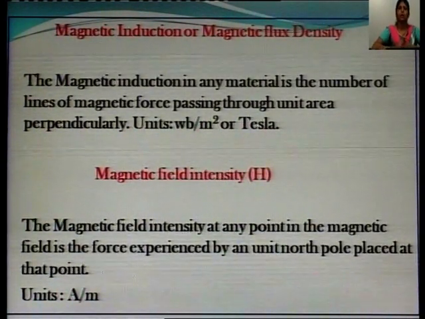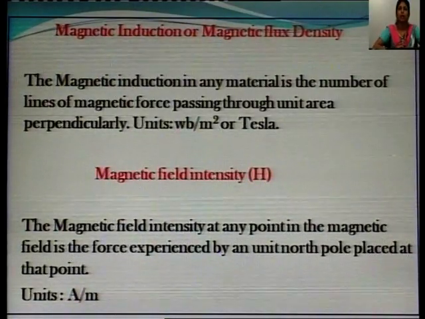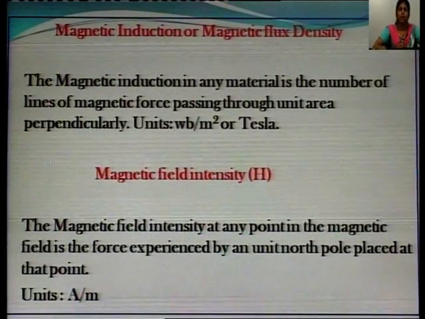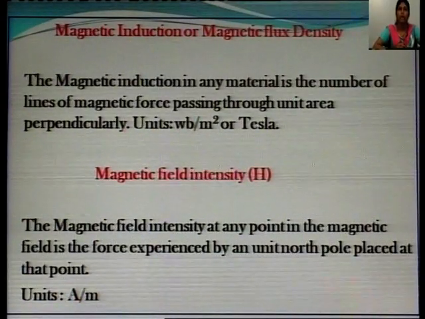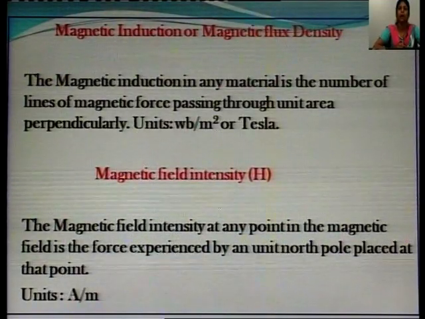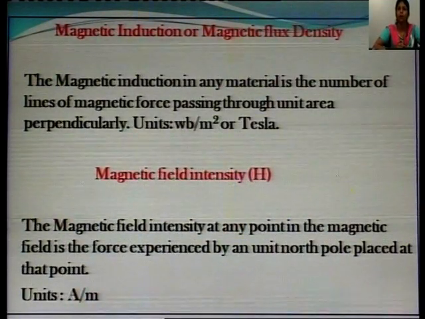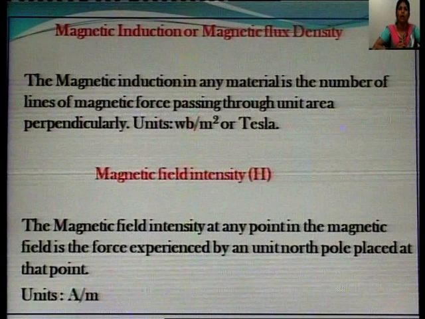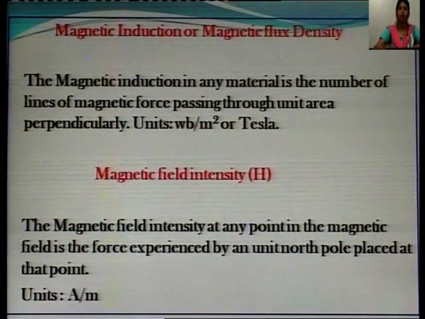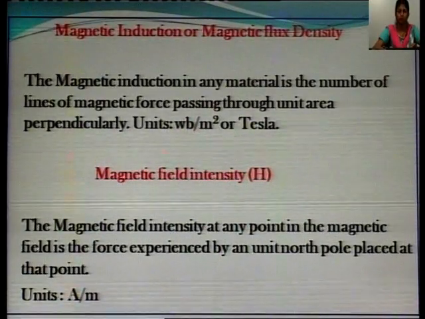Now second is magnetic field intensity. It is referred to as H. The magnetic field intensity at any point in the magnetic field is the force experienced by a unit north pole placed at that point, and the unit is ampere per meter, or you can say ampere turns per meter.